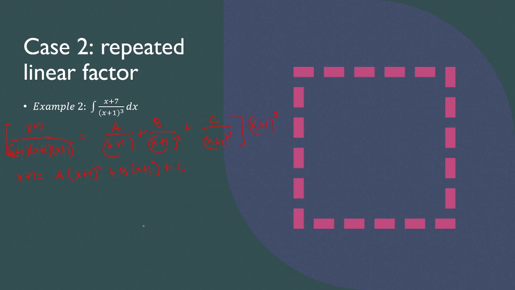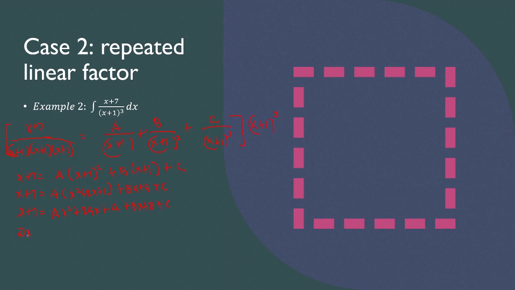Okay, that's it. That's bx plus b plus c. Further simplify: ax squared plus 2ax plus a plus bx plus b plus c.